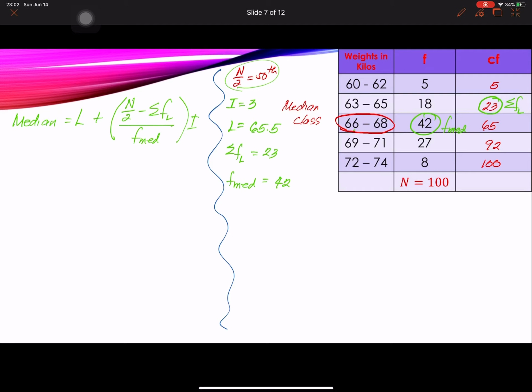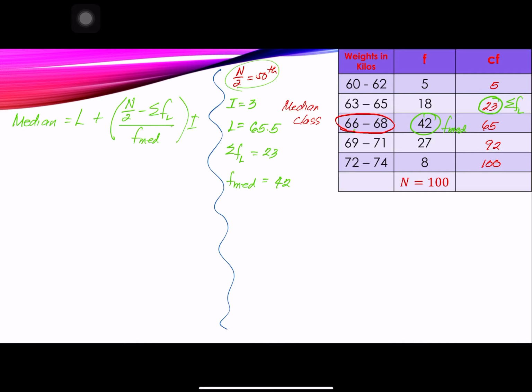With all this information, you can now calculate the median of our data.